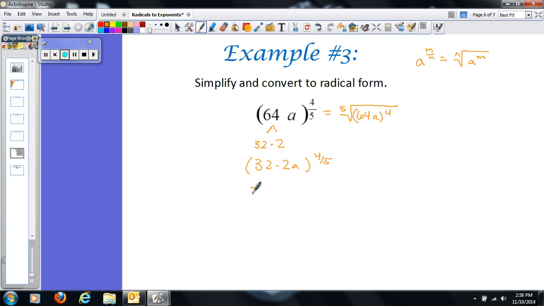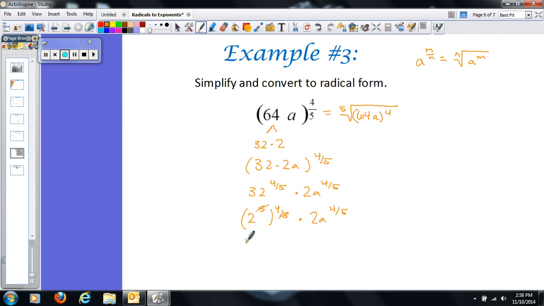I can then separate this, and that'll be 32 to the 4/5 times 2a to the 4/5. 32 is 2 to the 5th power to the 4/5 times 2a to the 4/5.